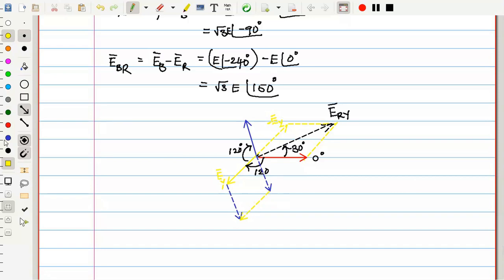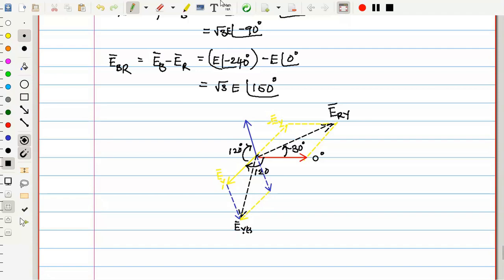Then the diagonal will give the resultant, which is, this black color one, what is that? EYB, right? Yes, EYB.